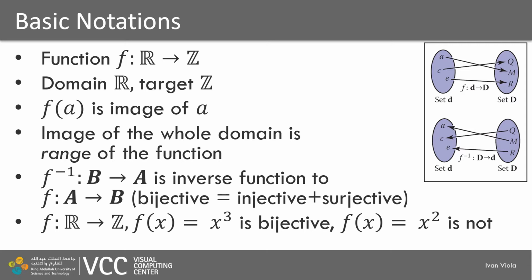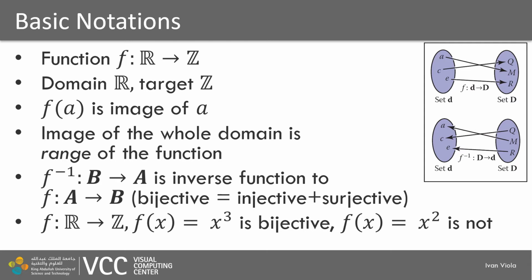On the other hand, the surjective mapping means that for every element in the target, in the codomain, there is an element in the domain, which means that there is no element in the target which will not be mappable to the domain.